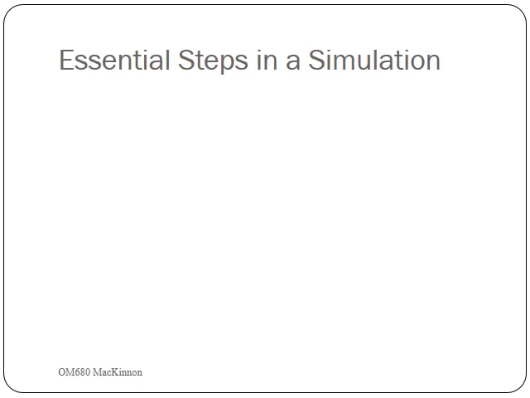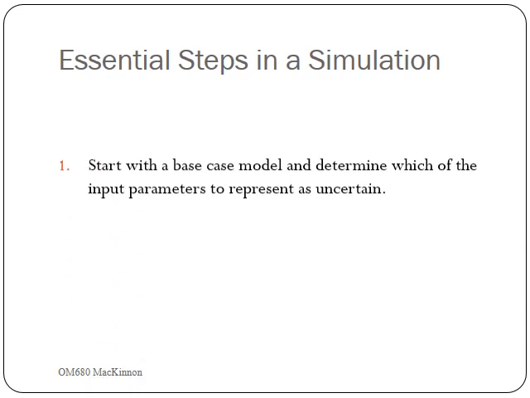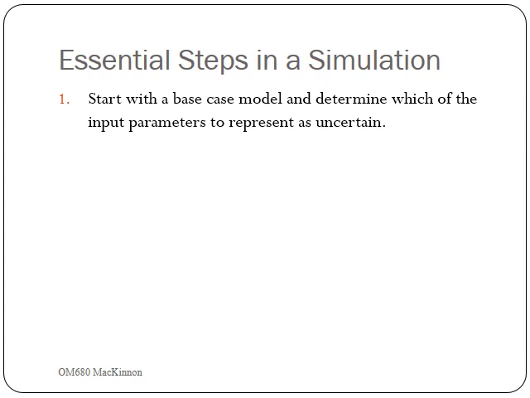So let's talk about the steps in doing a simulation. The first thing we do is start with a base case and identify which of our input parameters are uncertain. This is really no different than what we've been doing all semester. We model the base case. Before we run any optimization, we put the model together.